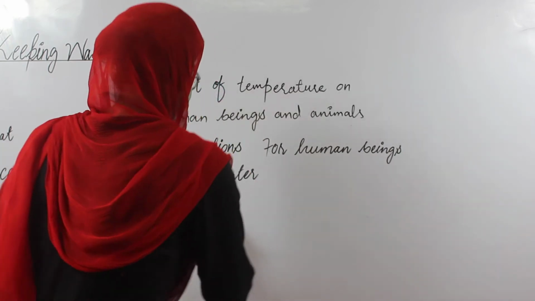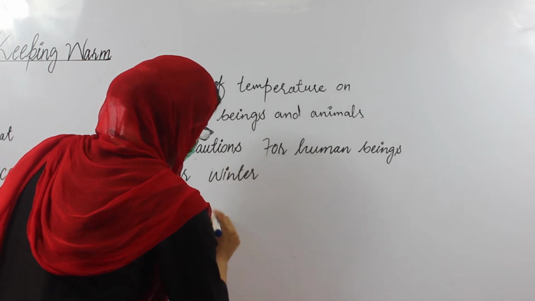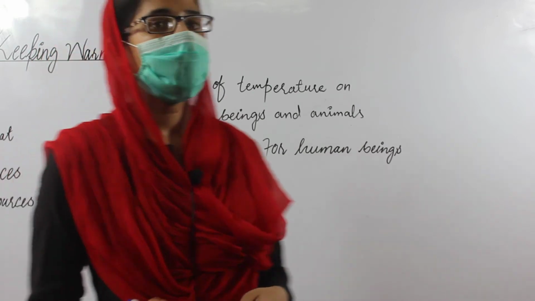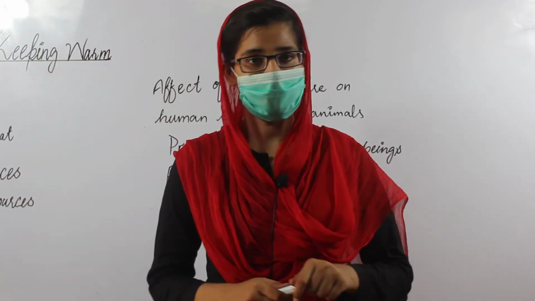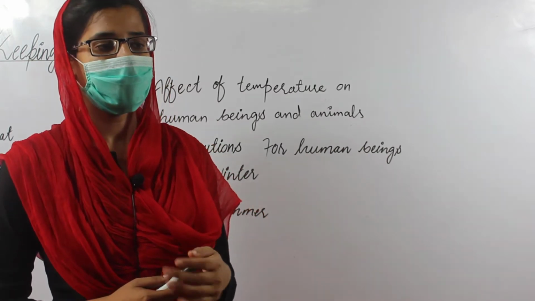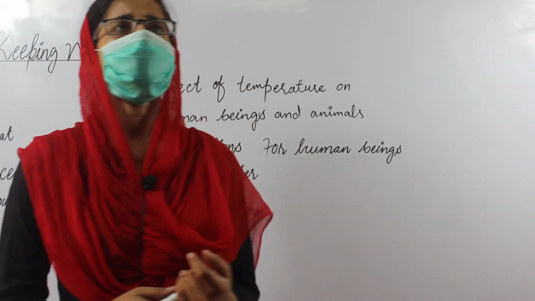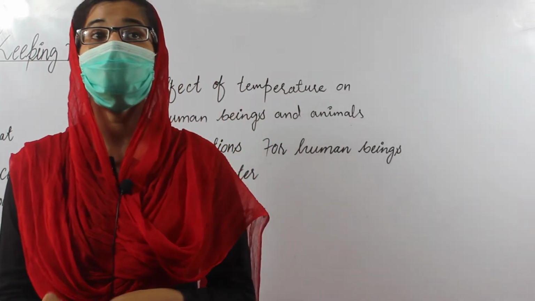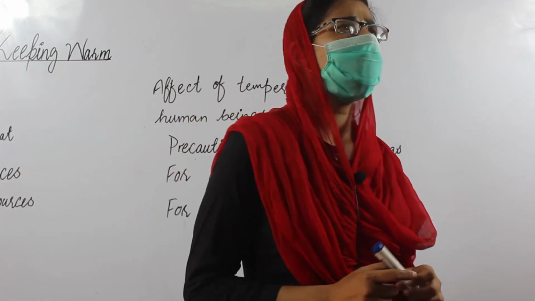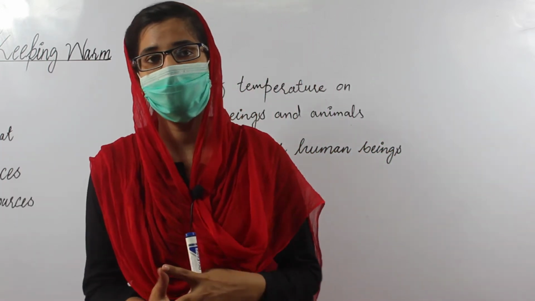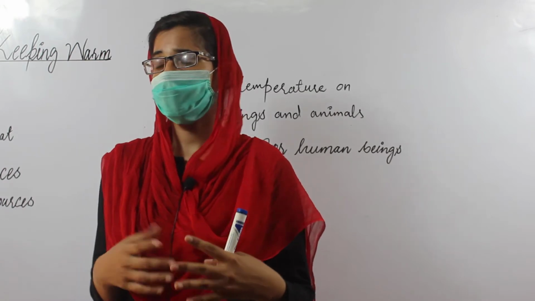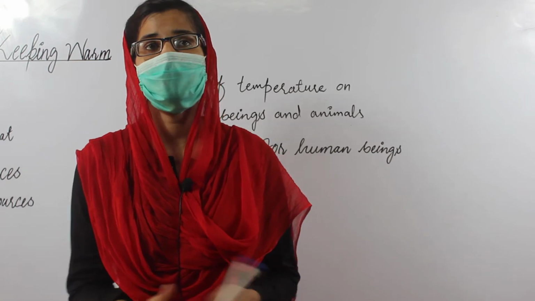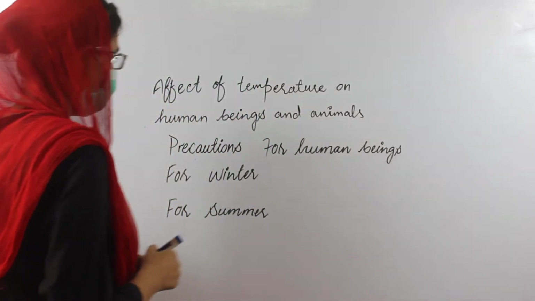And for summer we try to stay indoors to protect ourselves from heat, we should use light clothes, and we should use air conditioners to keep our environment and ourselves cool. And we use thick clothing in winter. And now the question is how animals protect themselves in winter. Here are some precautions for animals.